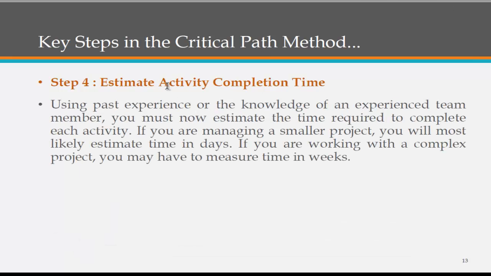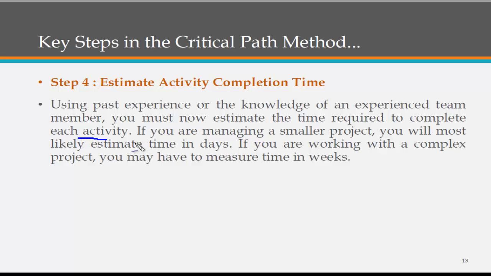Then after the network diagram, you will try to see what is the estimated activity completion time, because out of experience, as I told you in the beginning, the difference between CPM and the PERT chart is that PERT is a probabilistic model. Here we have the deterministic model. Why? Because here we know the estimate, the time required to complete each activity.